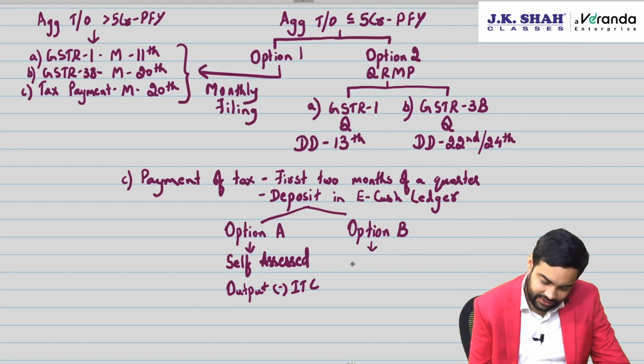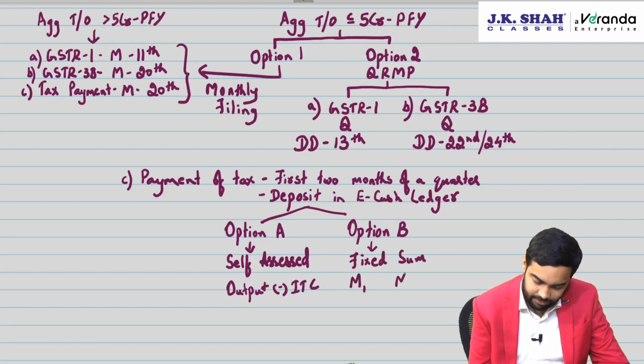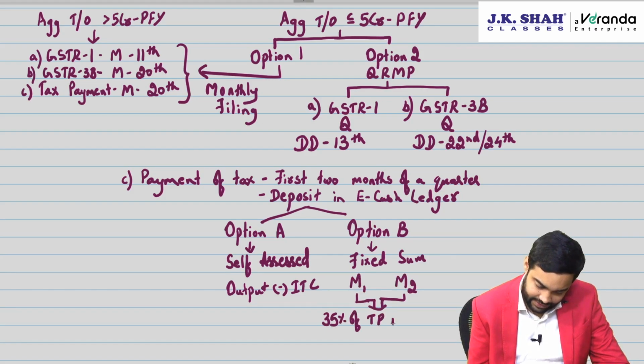Then option B is a fixed sum. And how much is this fixed sum, sir? For month 1 and month 2, it is 35% of tax paid in the previous quarter.